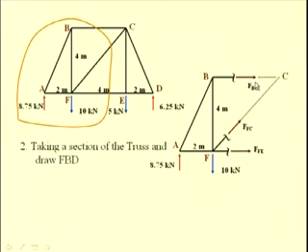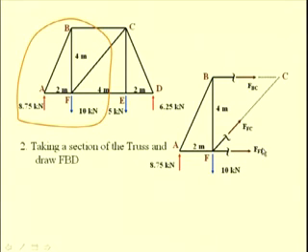That is, the force FBC acts away from the joint B, and the forces FFC and FFE act away from the joint F. Here we see that the members BC and FC are concurrent at C, and so it is judicious to use a moment summation equation about point C to determine the force FFE. In the same way, the forces in the members FC and FE are concurrent at F. So, it is judicious to use a moment summation about this point F to determine the force FBC.